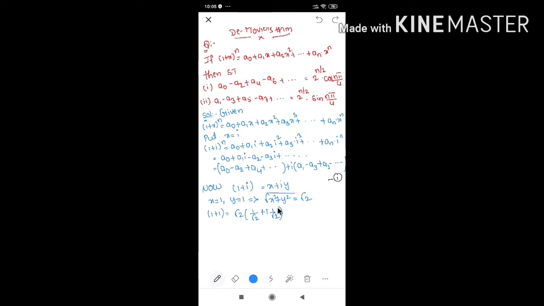First function write in cos, second function write in sin: root 2 into cos pi by 4 plus i sin pi by 4. This can be written as root 2 into cis pi by 4. So LHS value to the power n is there. So (1 plus i) whole to the power n is equal to root 2 to the power n into cis n pi by 4. Make it as equation 2.